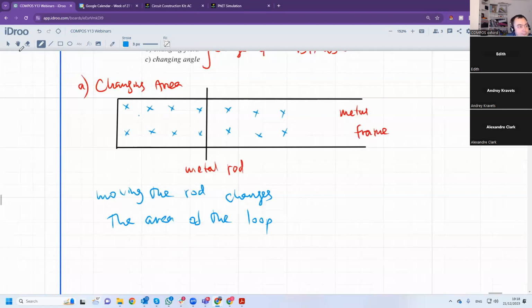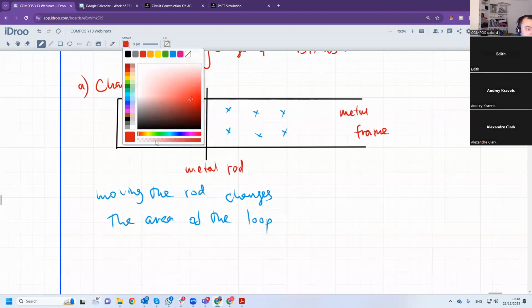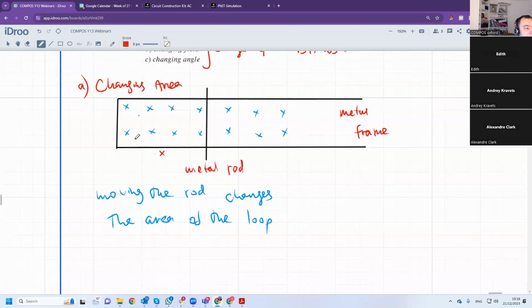Let's call this side X, and this is L, the width. It's moving at a rate V, and the magnetic field is uniform, and it is B.